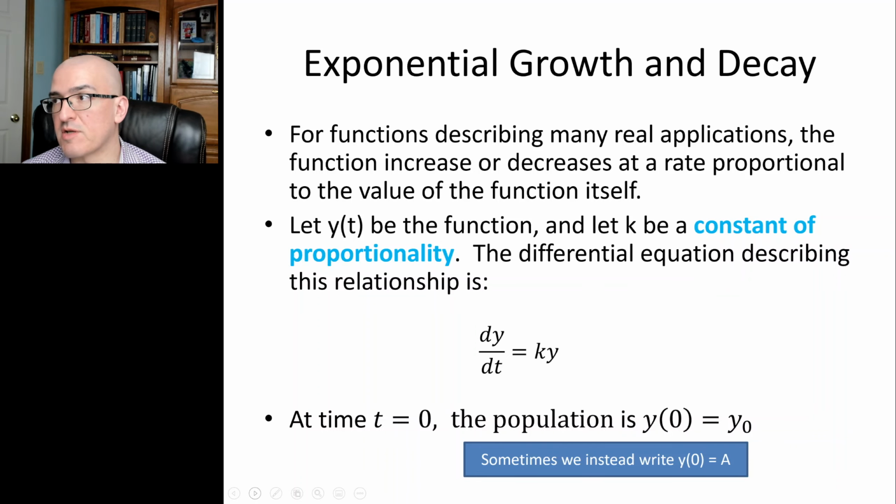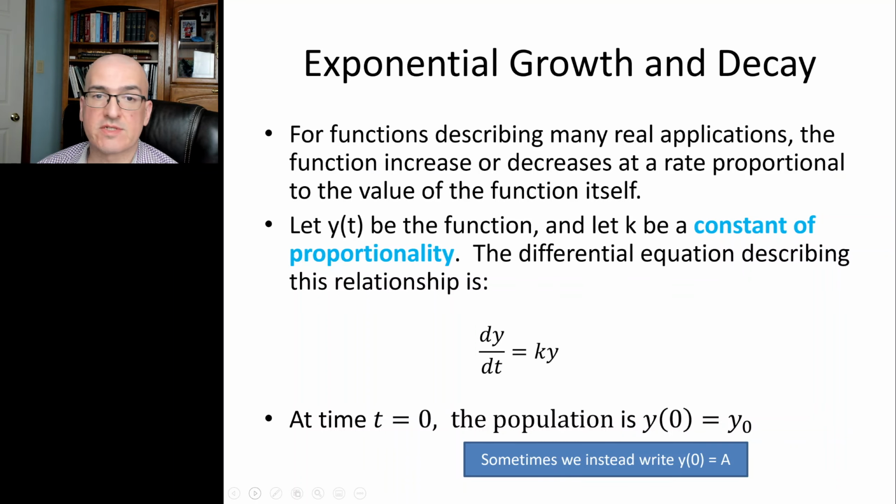So in addition to populations and in addition to financial calculations, there's a host of other real physical systems that behave according to exponential models like this. And a piece of notation here is that at time 0, we'll say that the population is y of 0. So if we say the population is given by y, then y evaluated at 0 is the initial population.